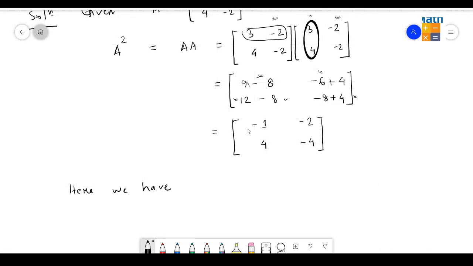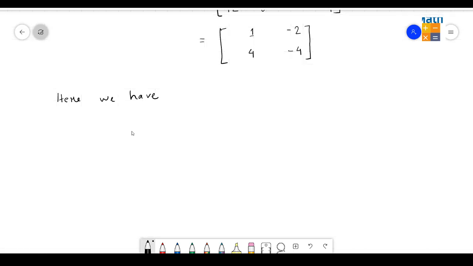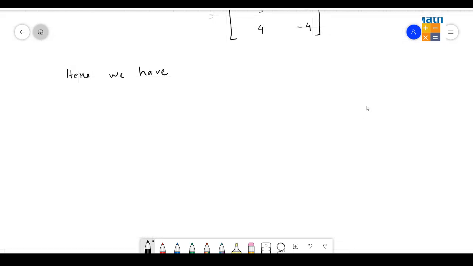There is a mistake here. It should be positive because 9 minus 8 is 1. So here we have A square is equal to k into A, this is k here, then minus 2 into I.